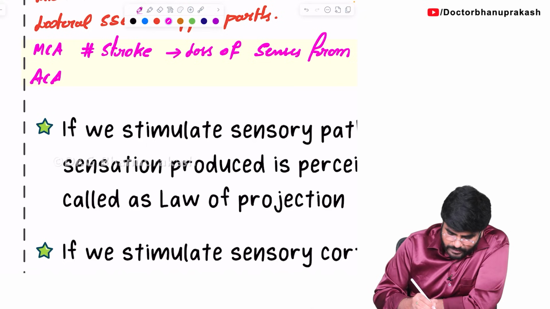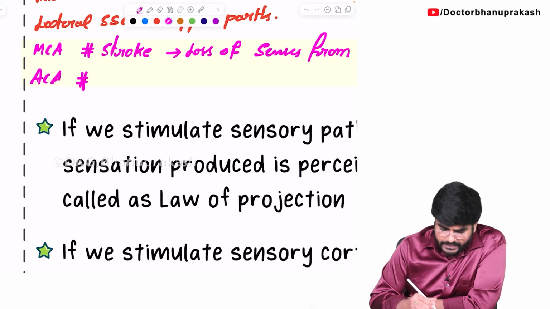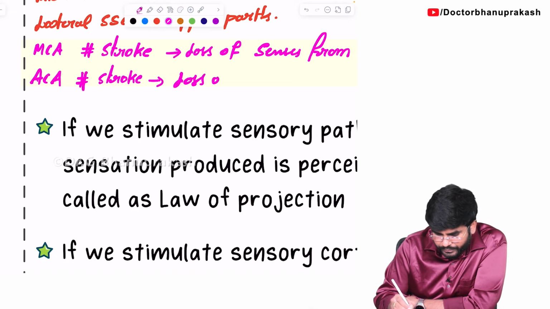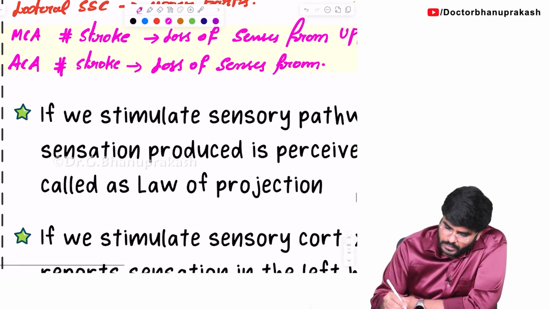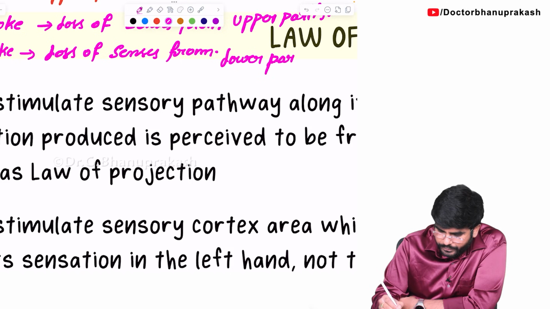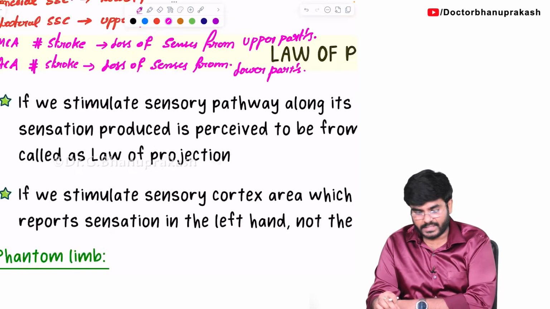ACA stroke, anterior cerebral artery stroke. When the anterior cerebral artery is blocked, the person will lose the sensation from the lower parts of the body, as well as the genitals.